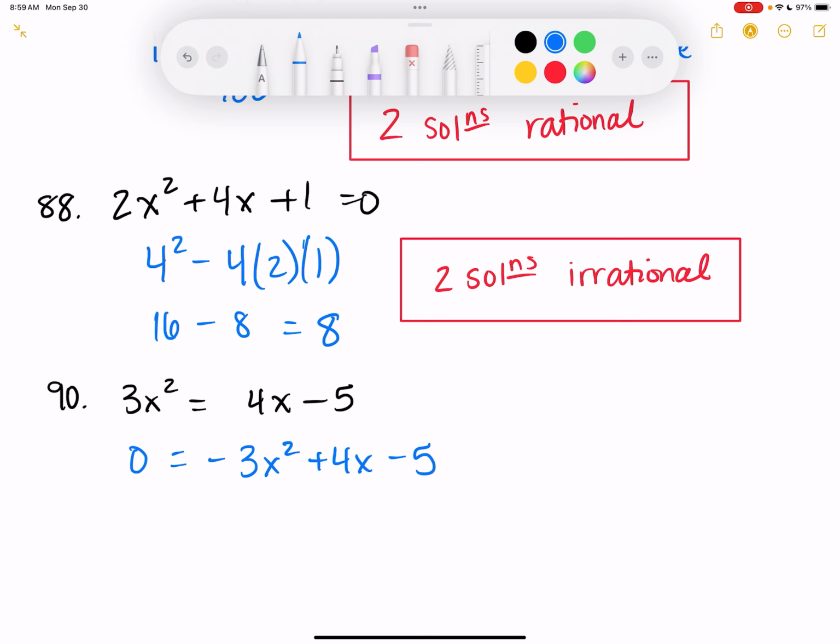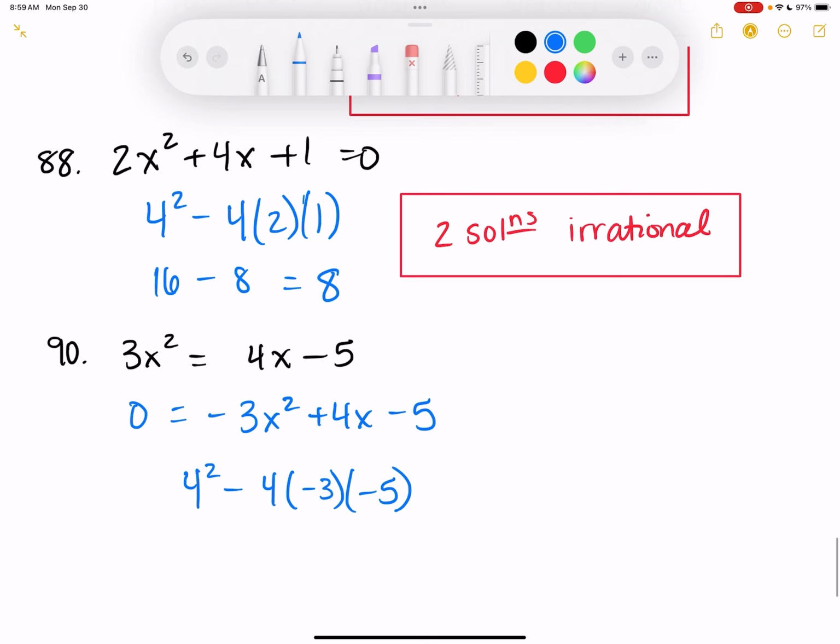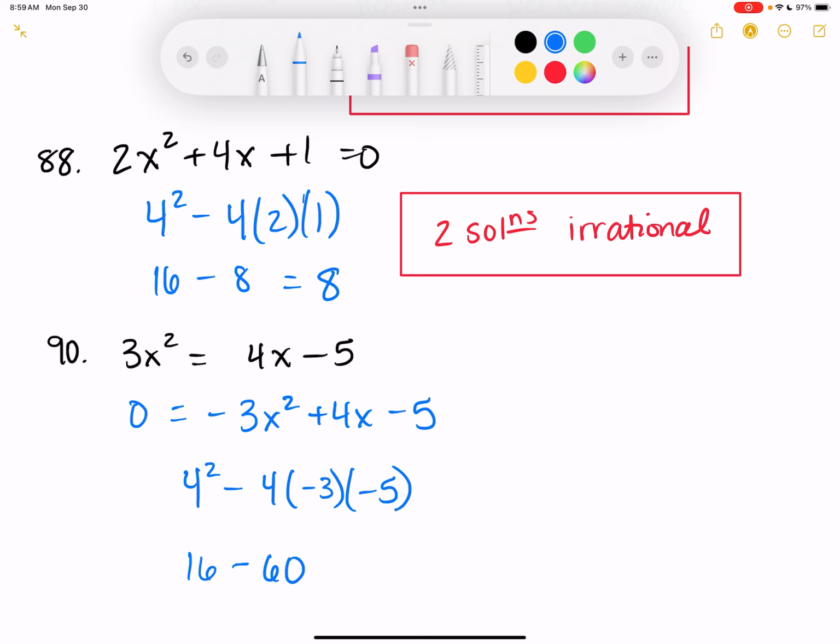So b squared, 4 squared, minus 4 times a is negative 3 times c is negative 5. So 4 squared is 16. All of these things are negative, so I'm still going to have minus 4 times 3 is 12 times 5 is 60. So this ends up being negative 44.